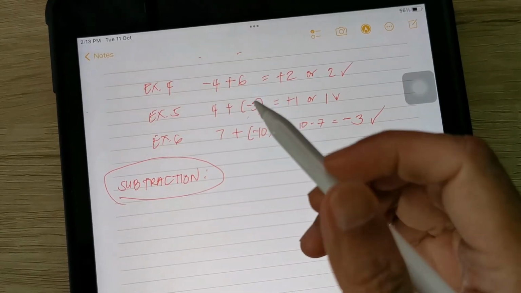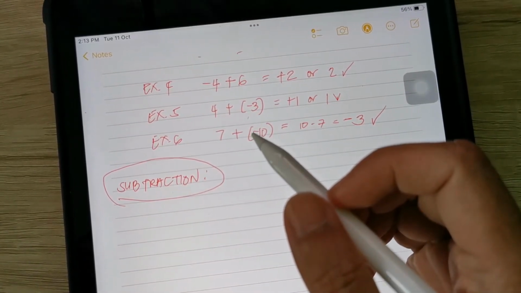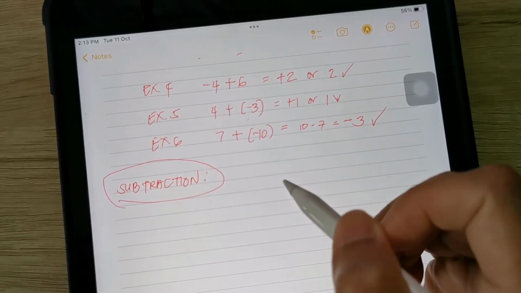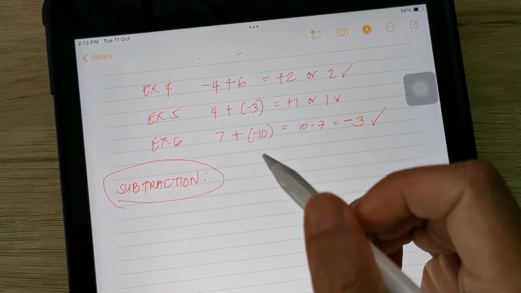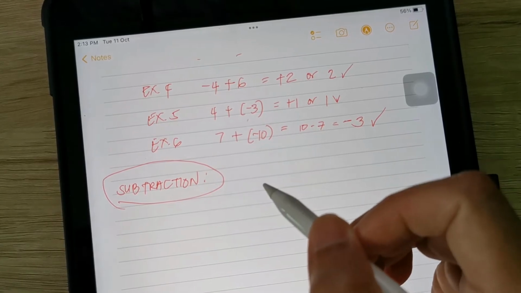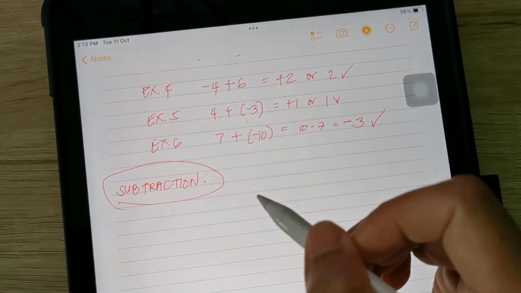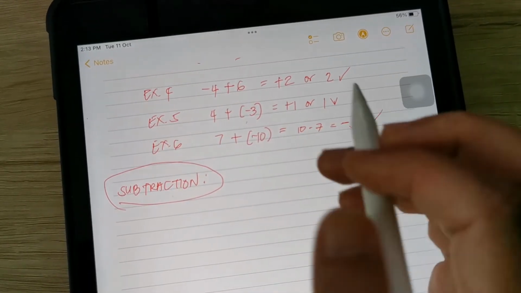Kasi sa subtraction, ang gagawin natin is i-change natin siya into addition. And then, i-change natin yung sign nung number after the subtraction sign para mas maintindihan natin.